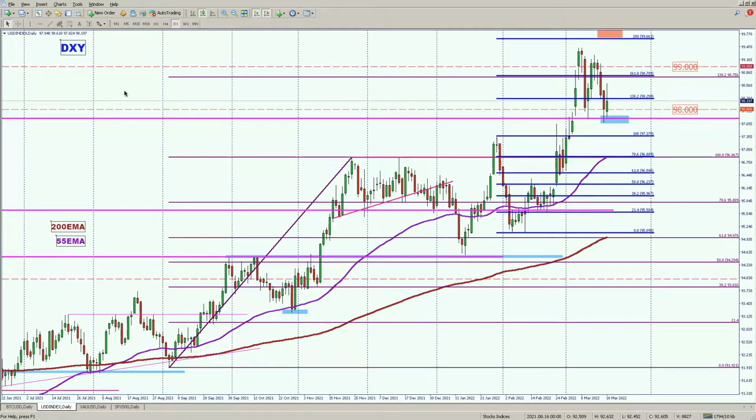Here's the DXY, and after hovering at the 99 level from the start of the week, Wednesday was the big drop, the start of the drop after the FOMC announcement that they would increase rates by 0.25%, with an additional 6 rate hikes for the rest of the year to reach a 2% interest rate target.